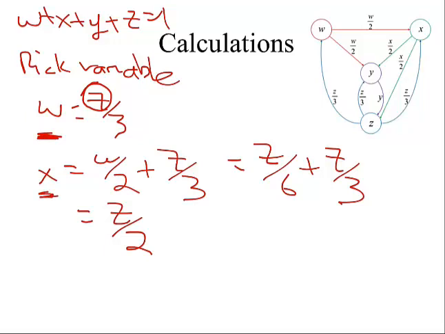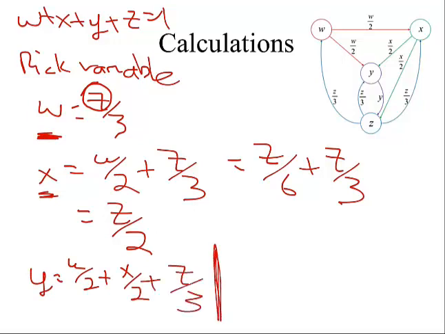And now we're going to be a little careful when we go and try to equate everything for Y. And the reason is that Y's equation involves each of the other variables. So we had said before that Y is equal to W over 2 plus X over 2 plus Z over 3.